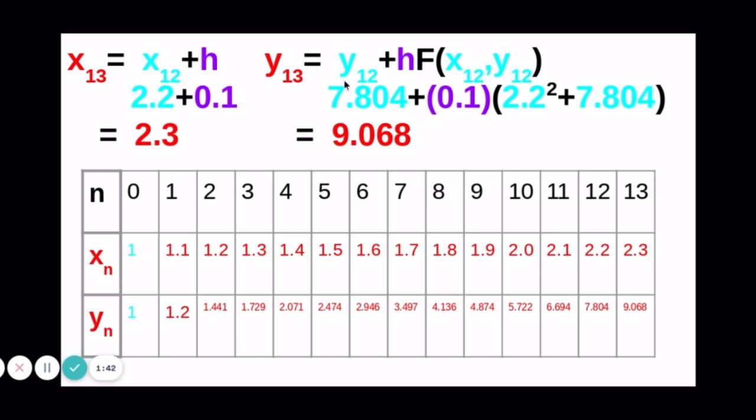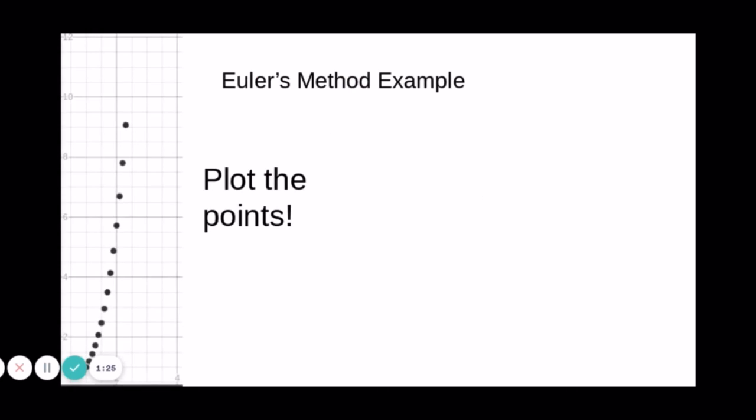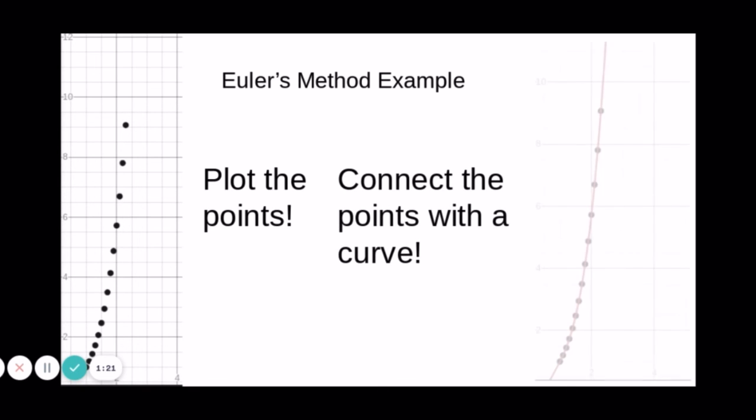And to find y13, we're taking y12 and adding our change in y. So we end up with all of these values, and now all these points. Now we have to plot the points. So there you go. And then connect the points with a curve.